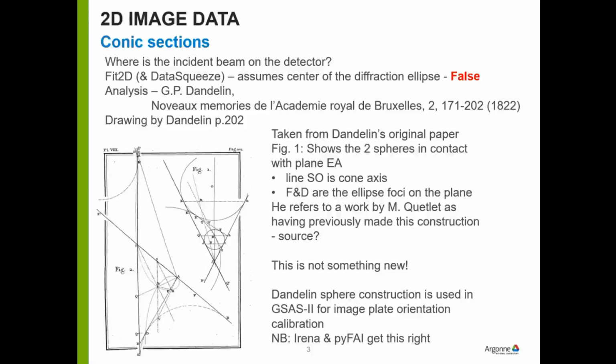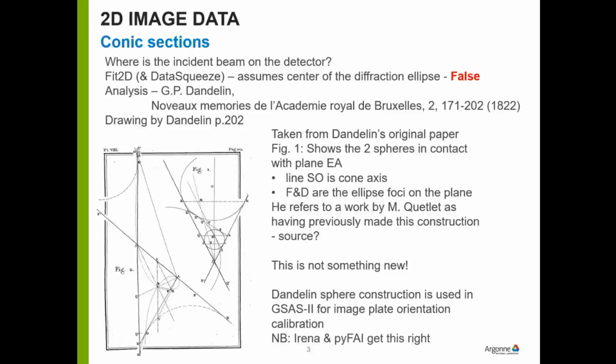Anyway, his construction is that you place two spheres, one above the plane, one below the plane, so that the sphere touches the cone, the cone axis passes through the center of the sphere, and it also touches the plane. Then you have another sphere below the plane that touches the cone and touches the plane, and the two centers of the spheres then determine the line.